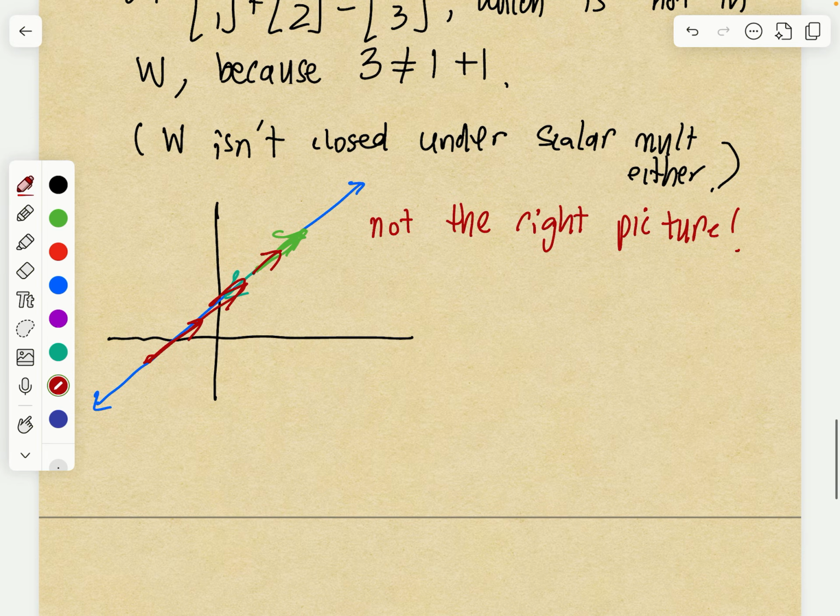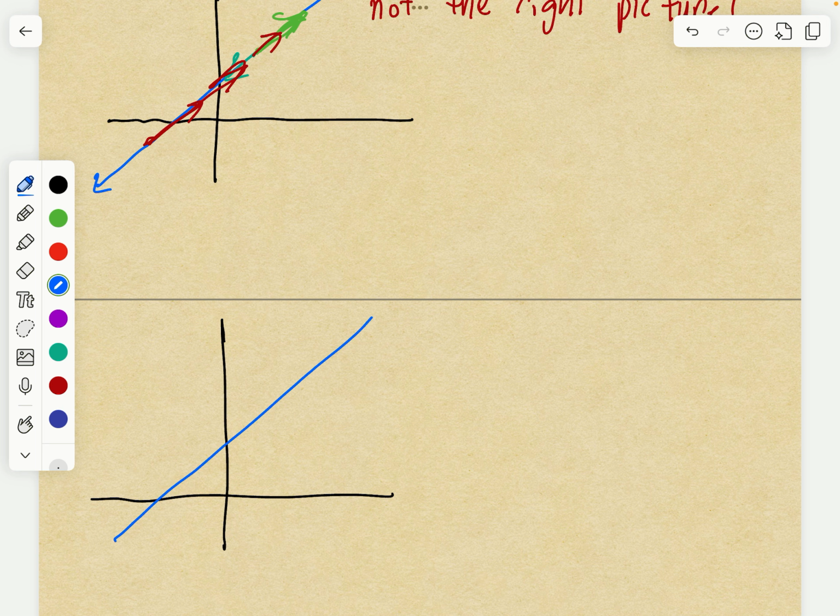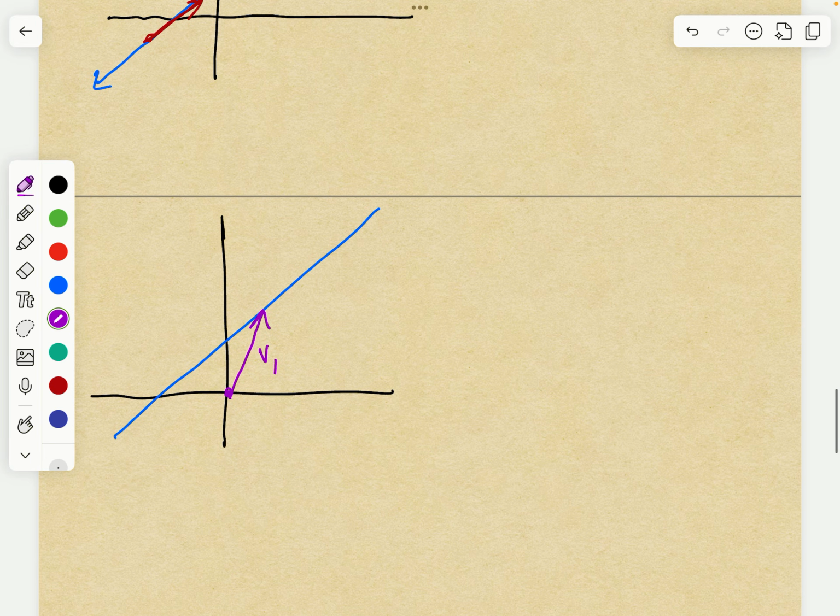The right picture, the way you should think about this, is you have a line like this, and the vectors are like this. This is a vector v1 on the line, and then you have something like this, which is a vector v2 on the line, and when you add them, you get this vector v3.